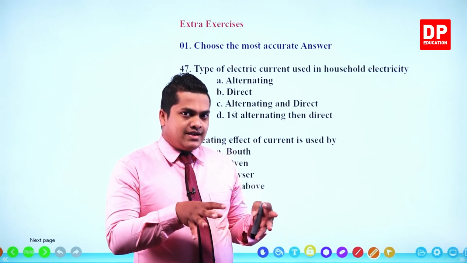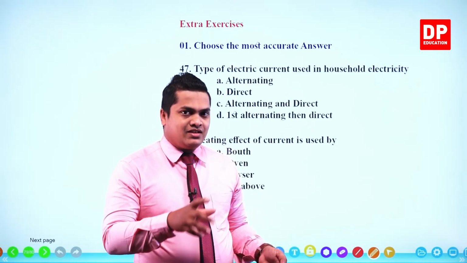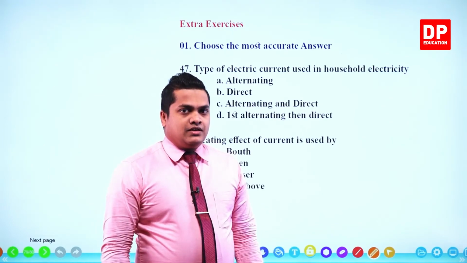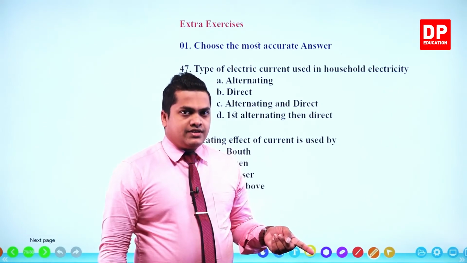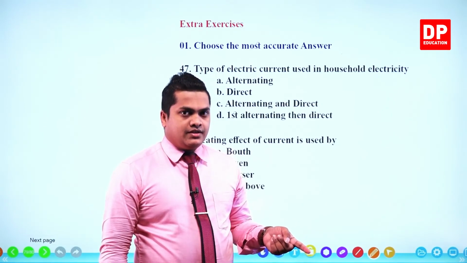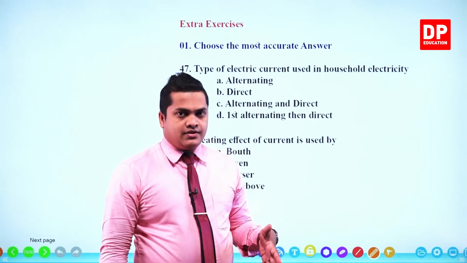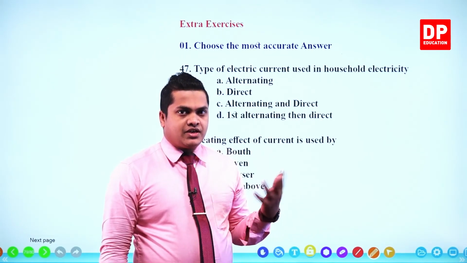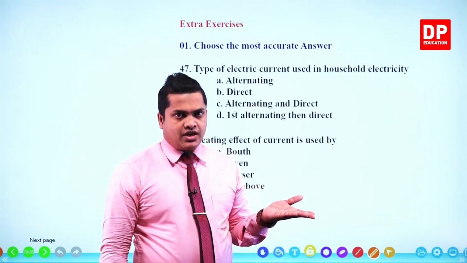But in a dry cell, there are 2 distinct terminals as positive and negative. So in our household electricity there is no positive, no negative. It's because these 2 terminals are changing from time to time, alternating from time to time.